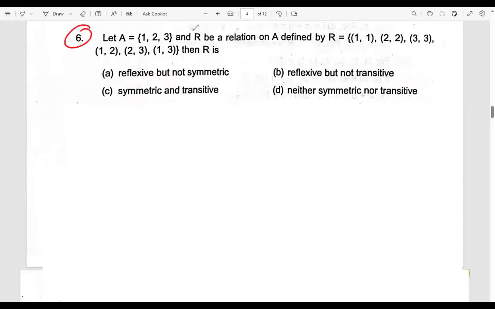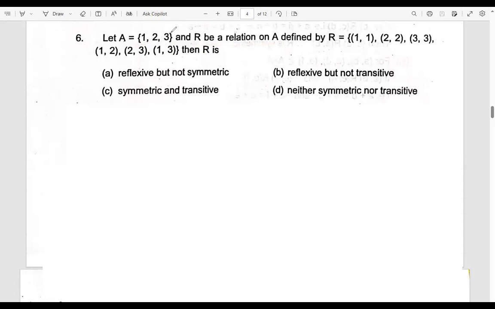Question number 6, similar to the previous question, we are given a set A which has elements 1, 2, 3, and R is a relation defined on the set A. The relation is an ordered pair set having elements like (1,1), (2,2), (3,3). We have to check whether it's symmetric, reflexive, or transitive, or maybe all of them.